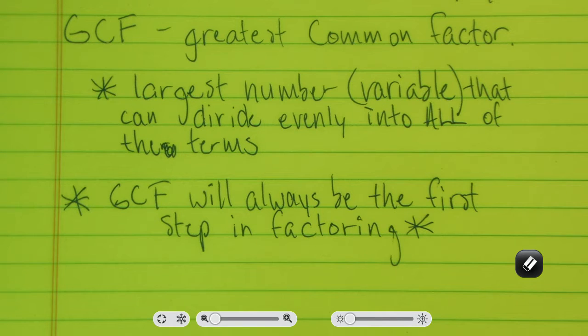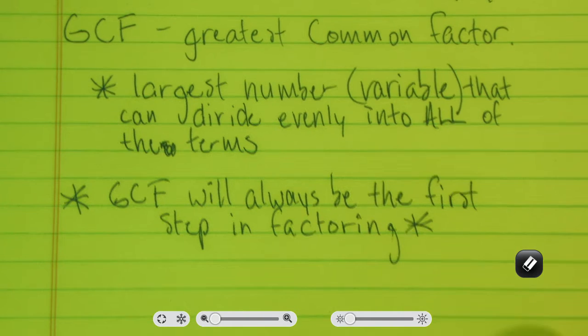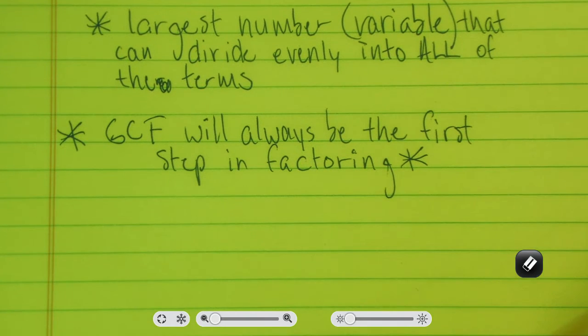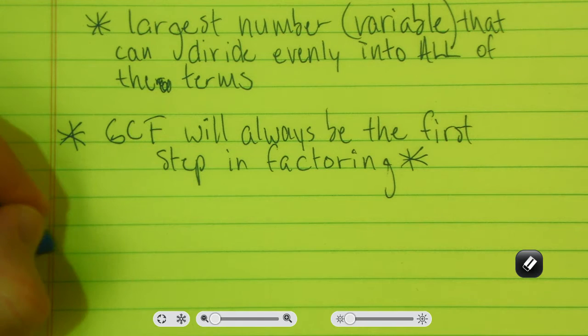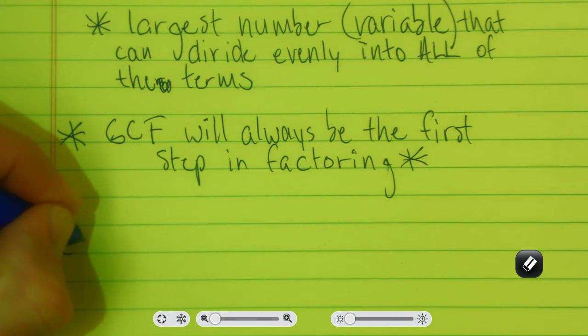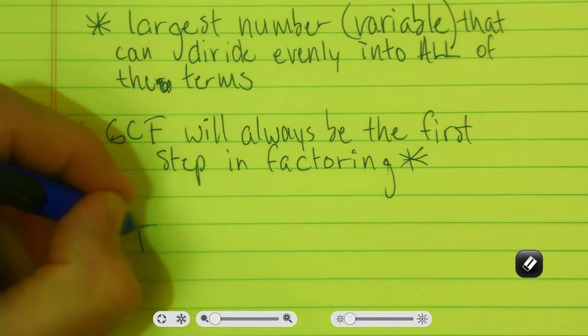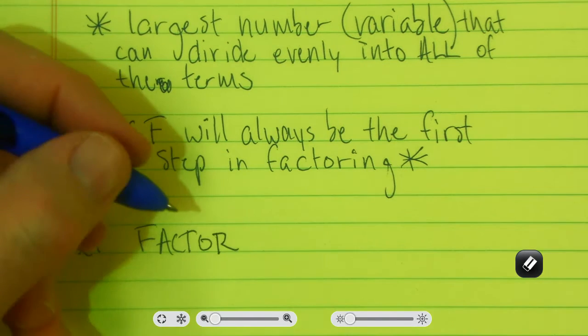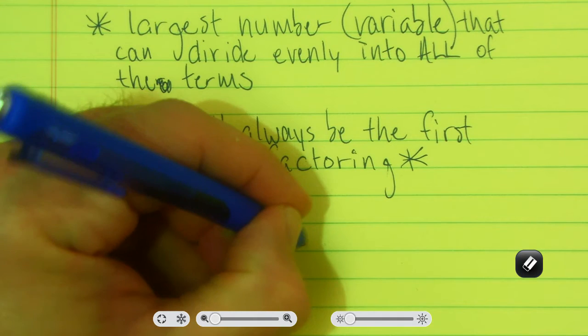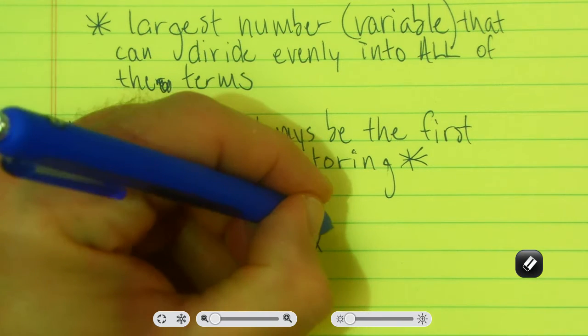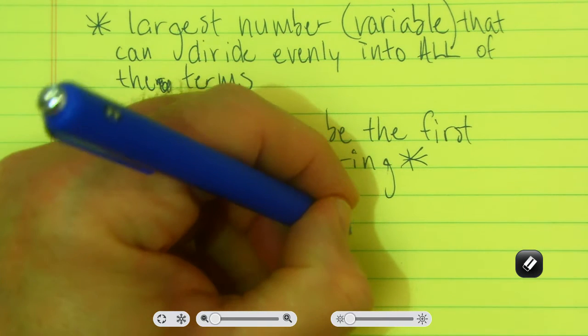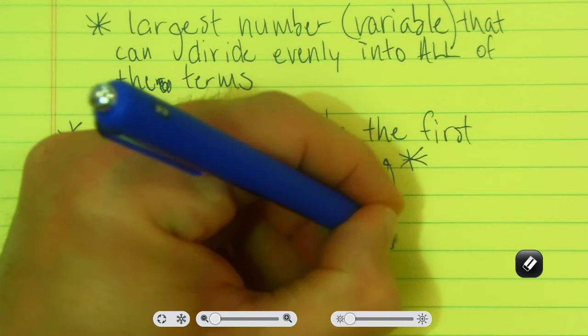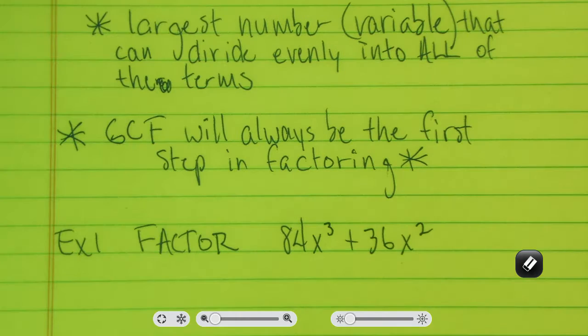All right, so I just want to look at a few quick examples to get you started, and talk about how we're going to go about it. So for this first one, I want us to factor, using the GCF, 84x^3 + 36x^2, okay?